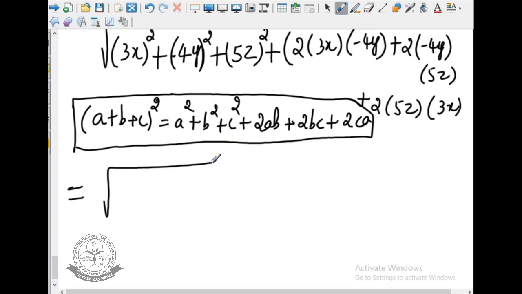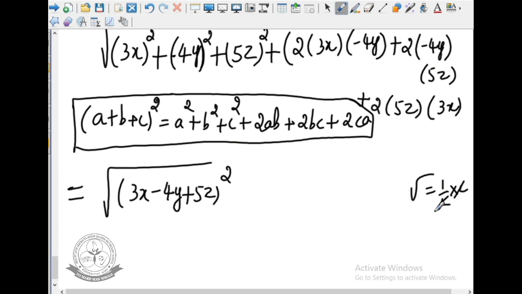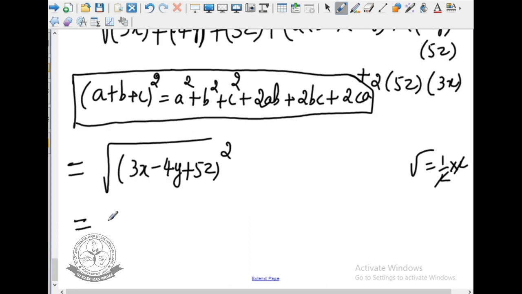So square root of 3x minus 4y plus 5z, right, whole square, right. So the square root and the square is cancelled, because the square root means, I already told you, power 1 by 2. So the degree I am having 2, so that 2 will be cancelled. So just I am having the terms alone. So modulus of 3x minus 4y plus 5z.